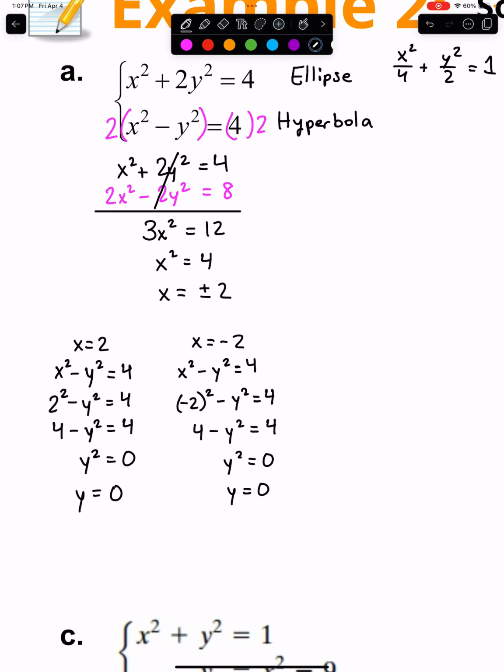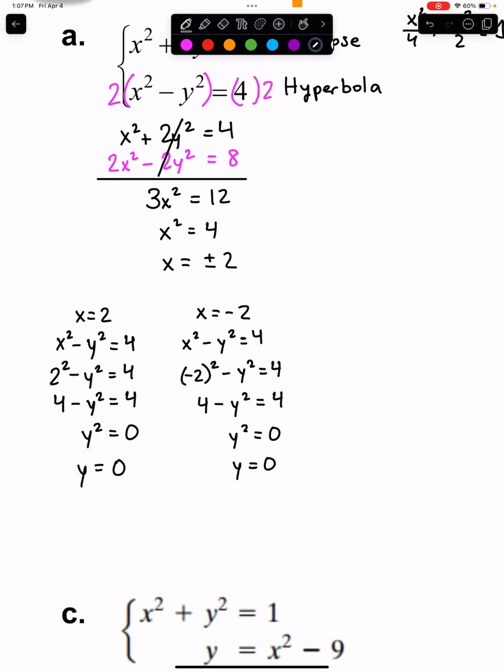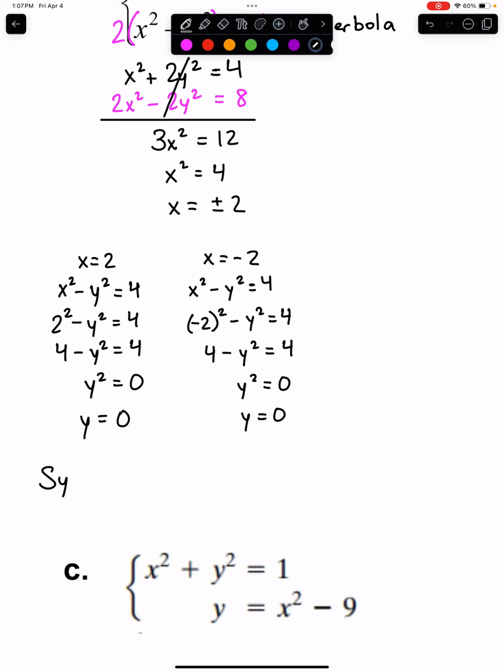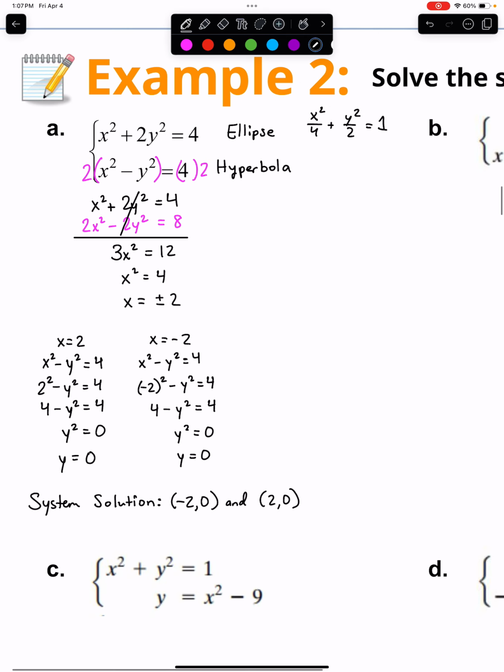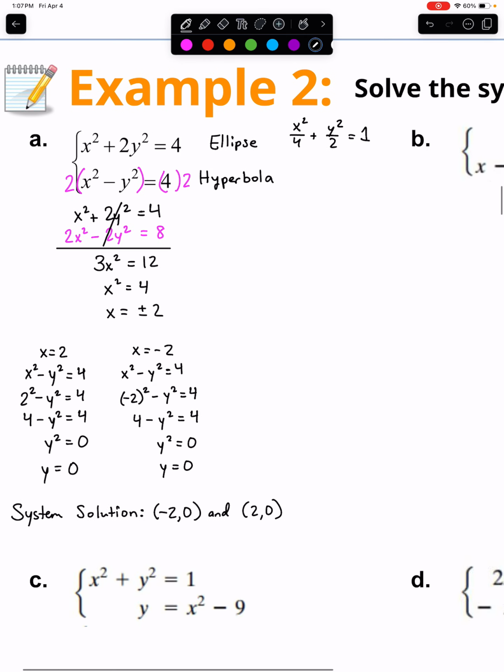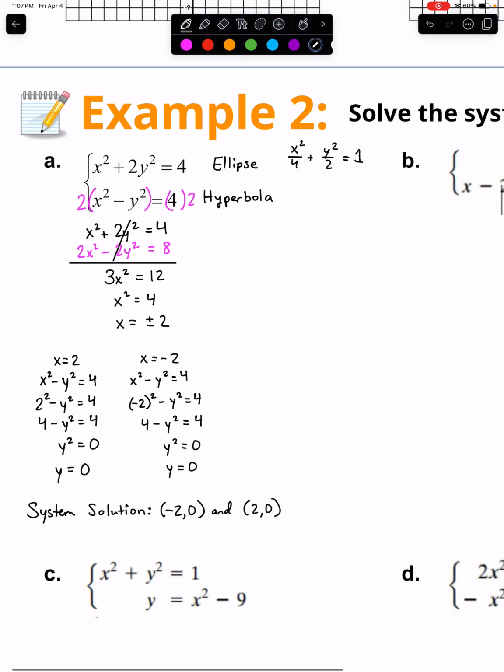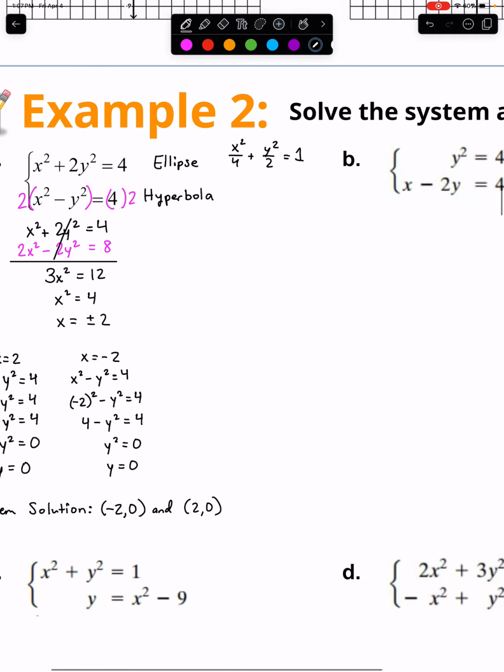I'd have two answers, so my system solution would involve these 2 points: negative 2, 0, and 2, 0. And it is possible to have more than 2 solutions. In the graphical example, we actually had one that had 4 solutions. Okay, so there's one. Let's try another.